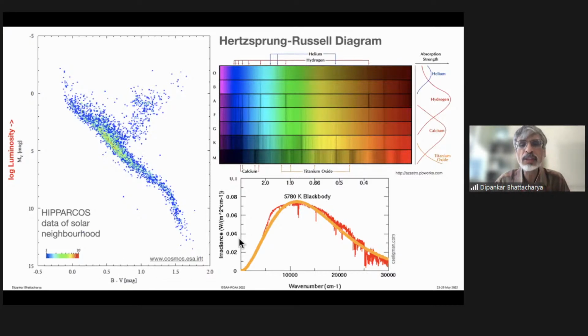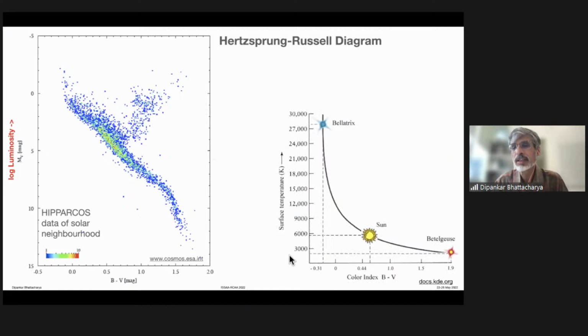And if we take the black body curve, then we can connect this B minus V, as I have noted here, which is the ratio of the intensity in these two bands, can be calibrated against temperature. So if you take the color index B minus V, then from this curve you can read off what the surface temperature is going to be.